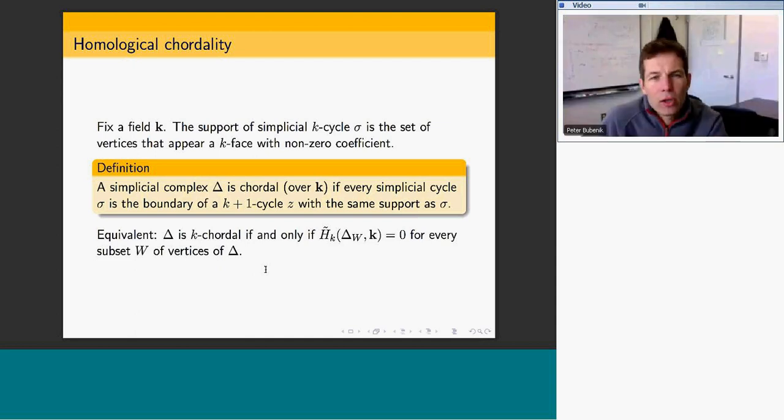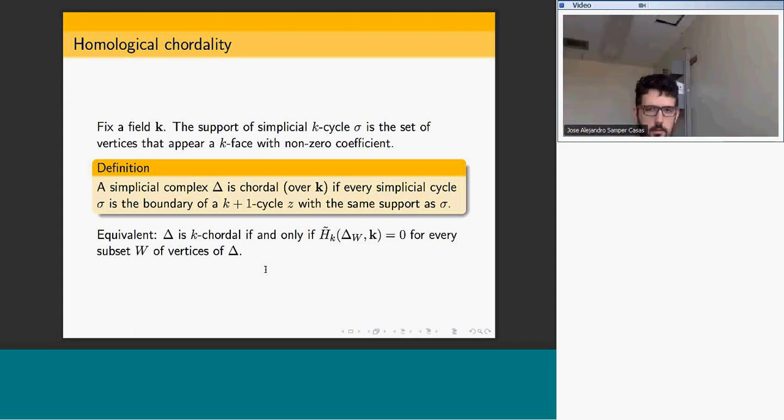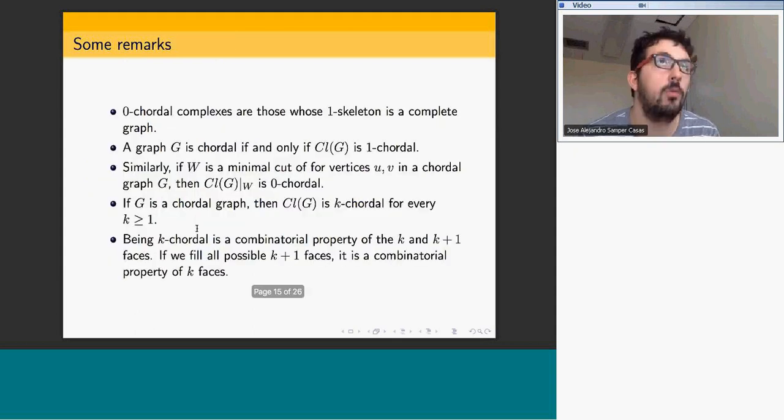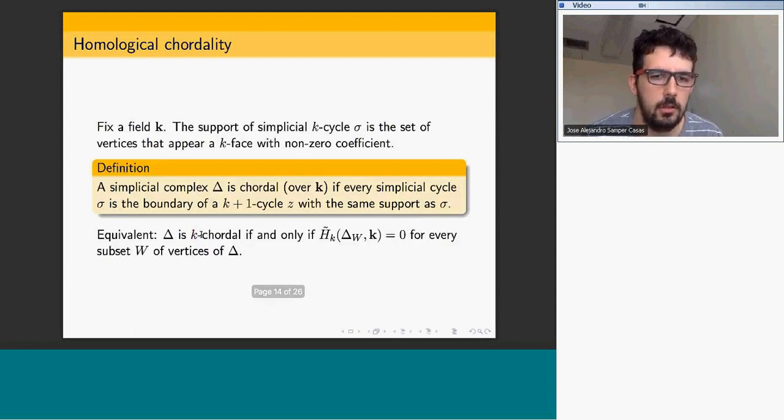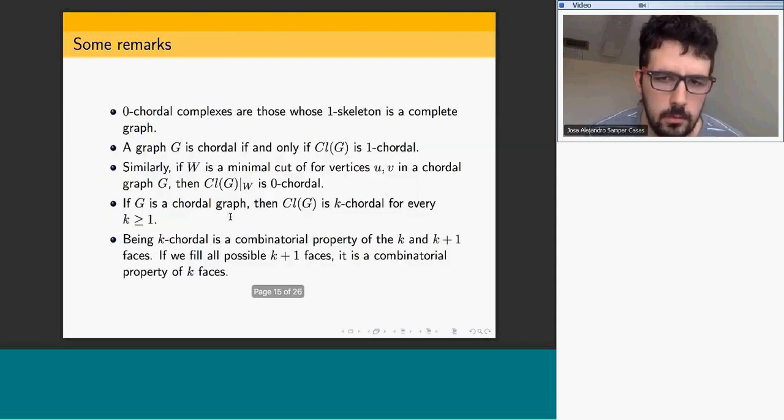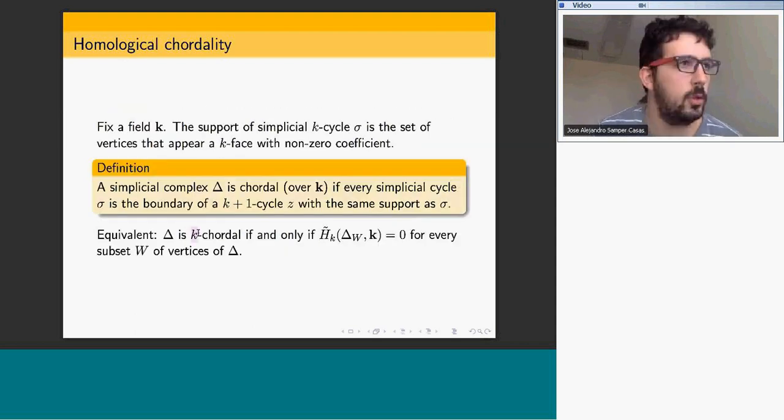So the definition above is for k-chordal, and in the equivalent part I also have k-chordal. K is a positive integer, and it can be 0, actually.